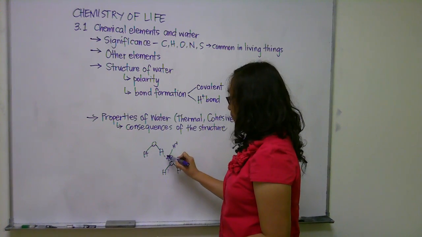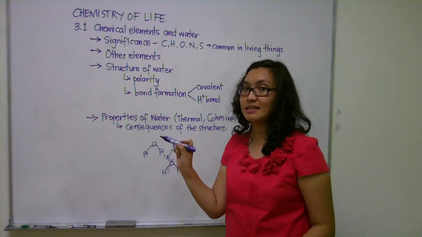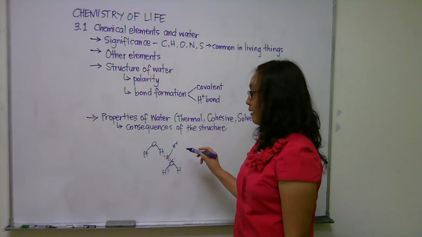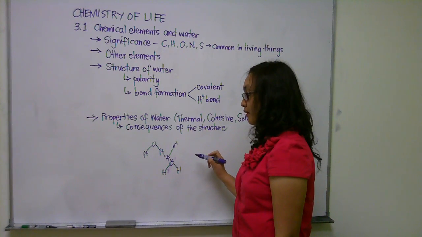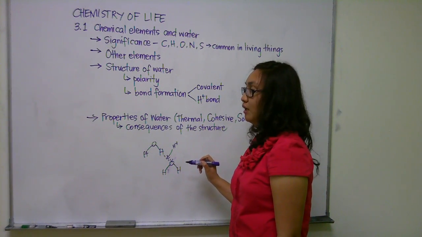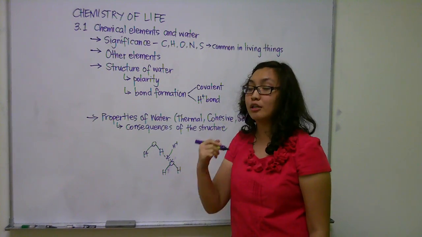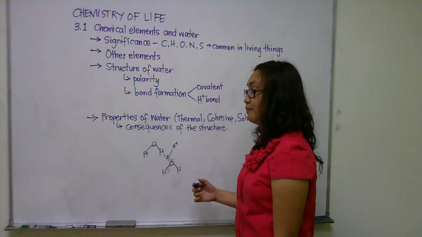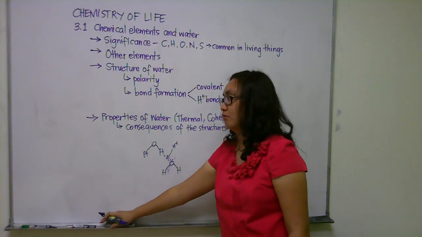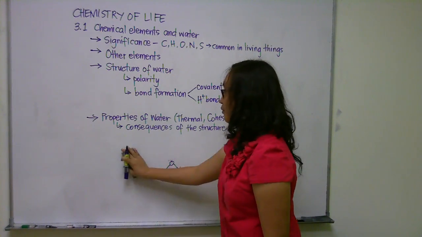By having these hydrogen bonds, this gives water the property of a high latent heat of fusion and high specific heat. Okay, so you have to elaborate on those areas as well.